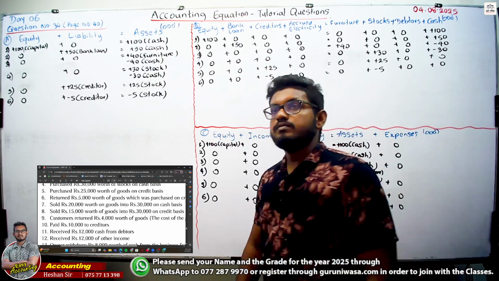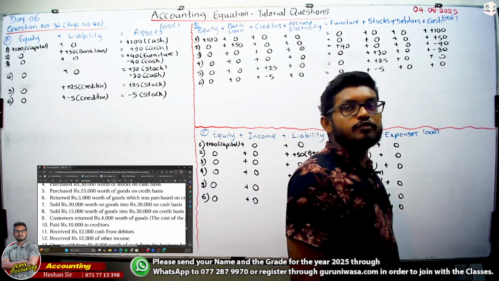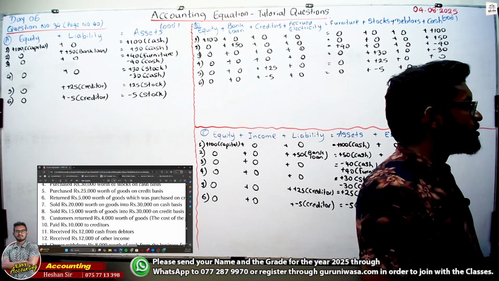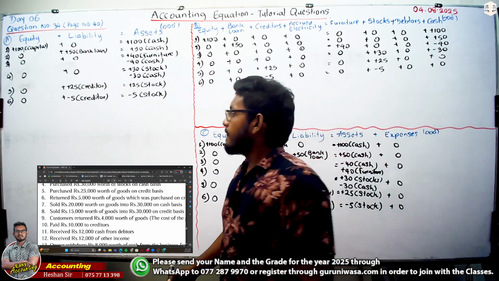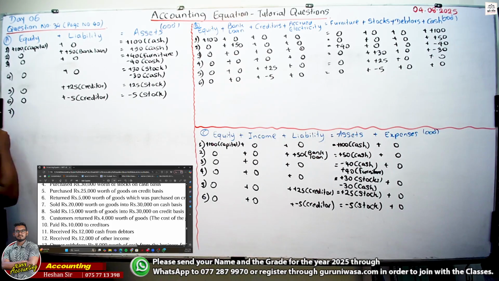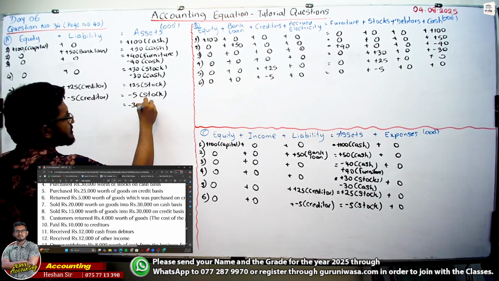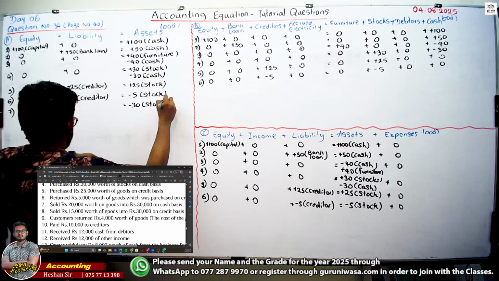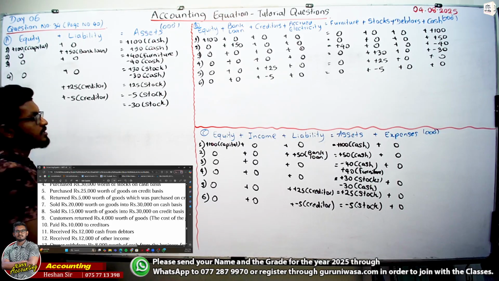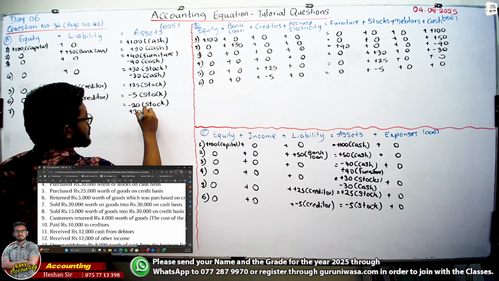Number seven. Sold 20,000 worth of goods for rupees 30,000 on cash basis. Our stock asset decreased 20,000, and we sold it for rupees 30,000 cash.